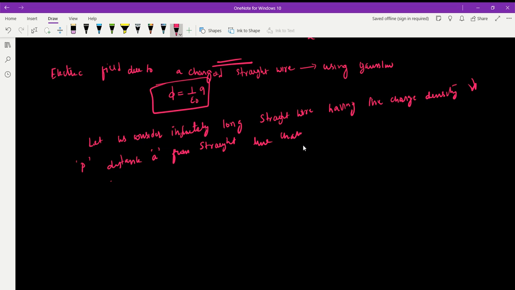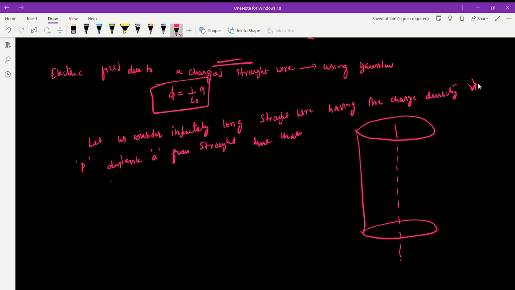Okay, so now let me consider a long straight conductor. Here, if I consider a Gaussian surface, it will be cylindrical in shape, and the height of that Gaussian cylinder is h.